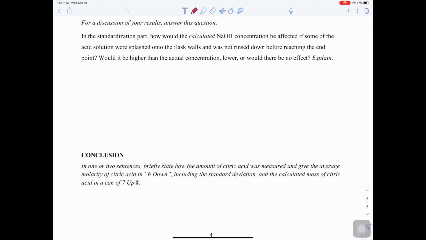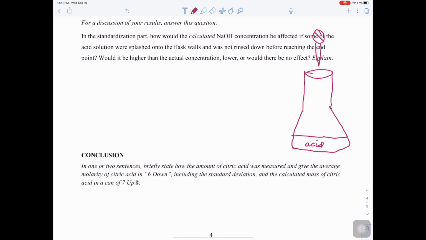And so, how do we think about questions like this? Well, we start by drawing a very ugly Erlenmeyer flask. Okay, we have solution in here, and this is our acid solution. And here's our sodium hydroxide coming down, being added.